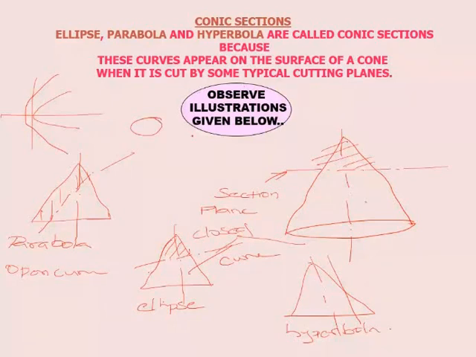This is the shape of an ellipse. We are not going to see the construction of the circle because everyone knows how to do it; it's the simplest curve. We will see the ellipse, hyperbola and parabola. Okay, I'll go to the next slide.